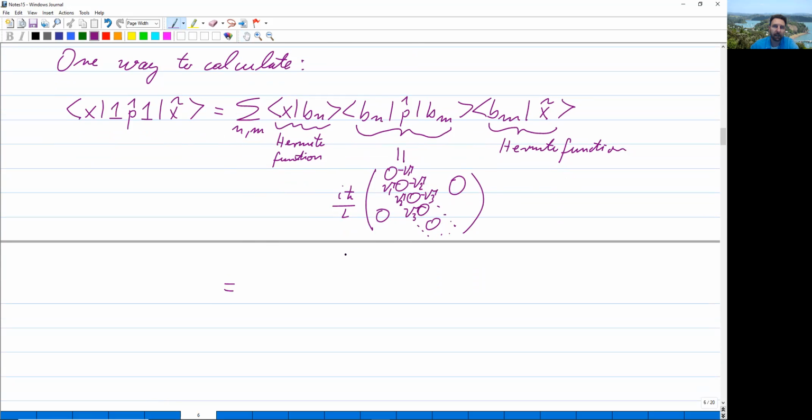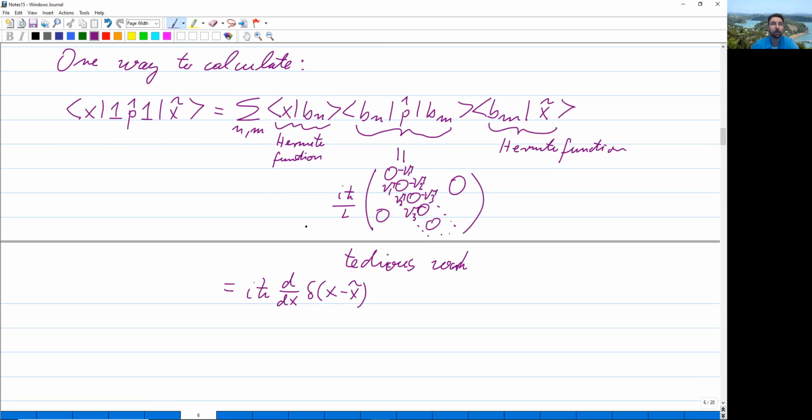I will leave that tedious work to textbooks, and I will just tell you what the outcome of that is. This turns out to be i h bar d by dx and then delta of x minus x tilde, right?